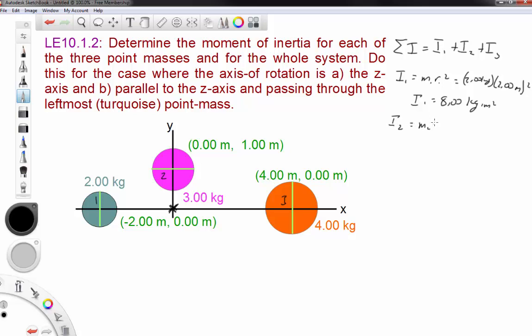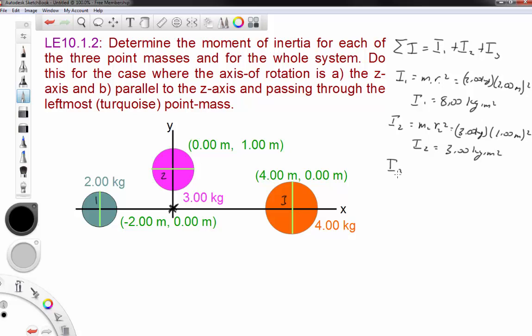I2 we calculate the same way. It's going to be m2r2 squared. So this one is 0, 1, so it's 1 meter away. It's 3 kilograms, so 3.00 kilograms times 1.00 meters squared. So I2 is given by 3.00 kilogram meters squared.